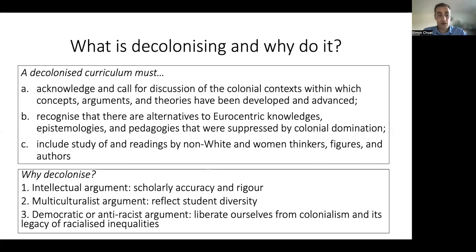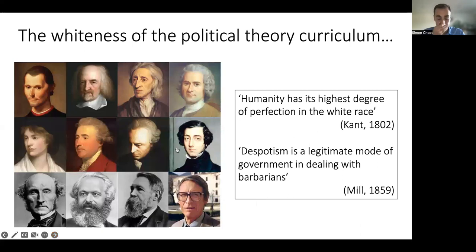So this third argument proposes that a decolonized curriculum has to be addressed as much to white students as to non-white students, and proposes that there's an urgent need to address white ignorance of colonialism. So they're the normative arguments in favor of decolonizing the curriculum.